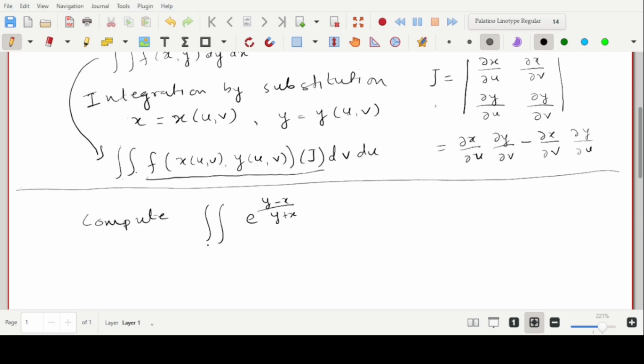So why do we do this? You can call it substitution, or you can also call it change of variables, because as you can see here, we are changing the variables from xy to uv. So this substitution or change of variables makes things easier.